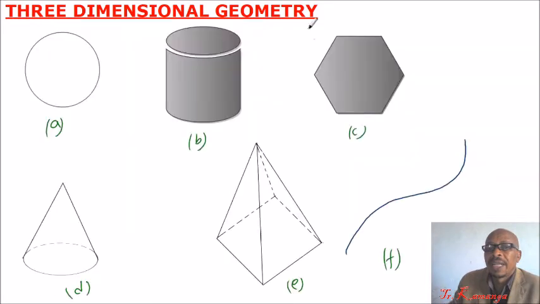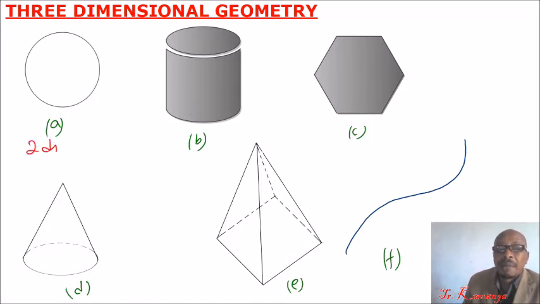So let's go and look at some figures. These are some of the figures for which you can define the dimension. This is a circle. You can find the area, so it is two-dimensional. This is a cylinder. You can find the volume, so it is three-dimensional.